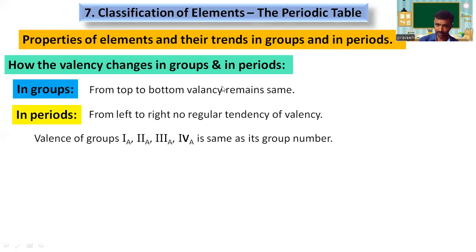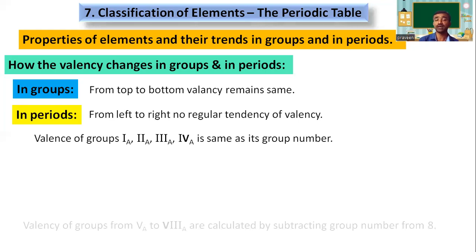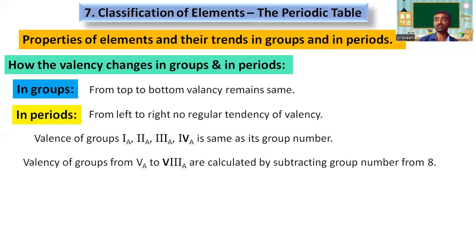For groups 1 to 4, simply the group number is the valency. Valency for group 1A is 1, 2A is 2, 3A is 3, 4A is 4. Then from the 5th group onwards, you follow one simple logic: subtract the group number from 8.